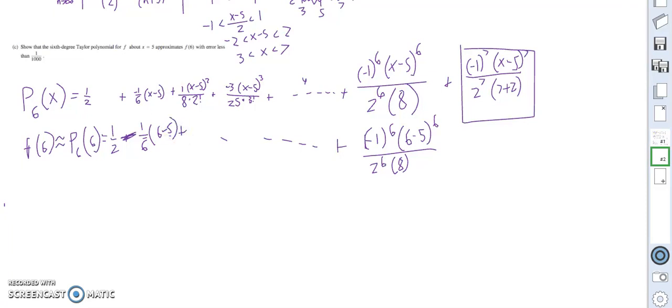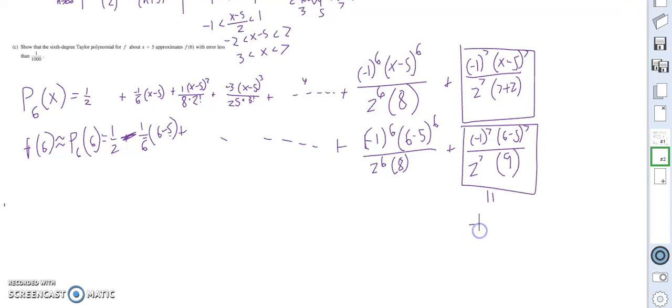It's going to be alternating. And the first thing I'm going to leave off is this term that looks like -1 to the 7, 6 minus 5 to the 7, over 2 to the 7 times 7 plus 2.